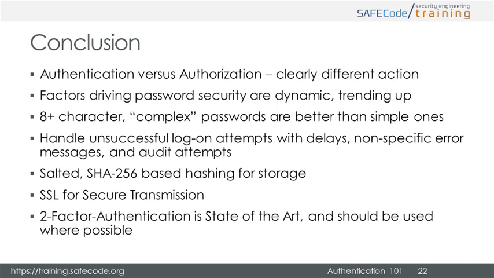You should plan to implement or migrate to secure password storage using salted SHA-256-based hashing algorithms, and you should use the established SSL library to secure password transmission. We should remember that passwords are only on the first rung of the ladder in terms of authentication security. For critical systems, you should look to move upward towards two-factor authentication, which is today's state-of-the-art technology.